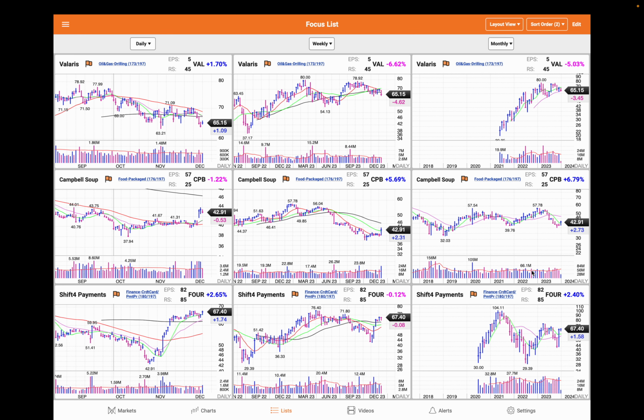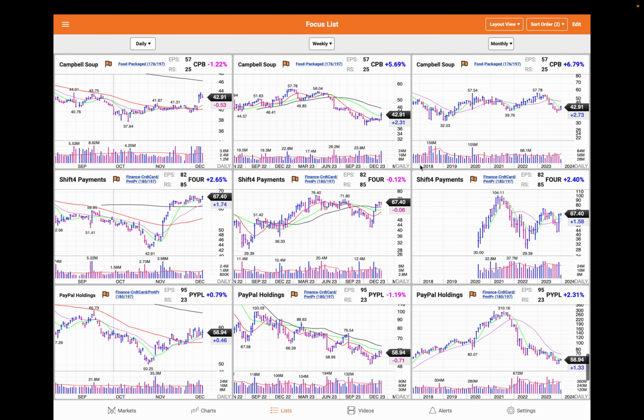Okay, another thing I noticed recently is that the money may be flowing from growth to value names. For example, Campbell Soup has a pretty strong price action on stronger volume. Weekly shows the same, but it has a big overhead supply, so I'm still mostly watching.